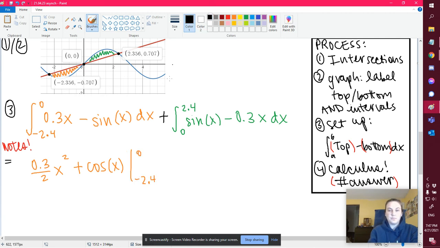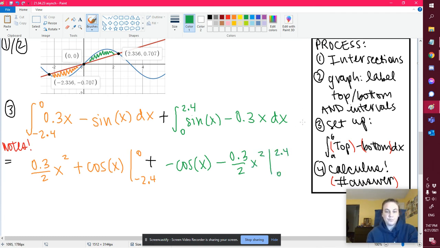We go from here to here. Now we add on the antiderivative of positive sine, which is negative cosine. And the antiderivative of negative 0.3x is negative 0.3 divided by 2 times x squared. Again, writing our bounds. Great. We have our antiderivative.